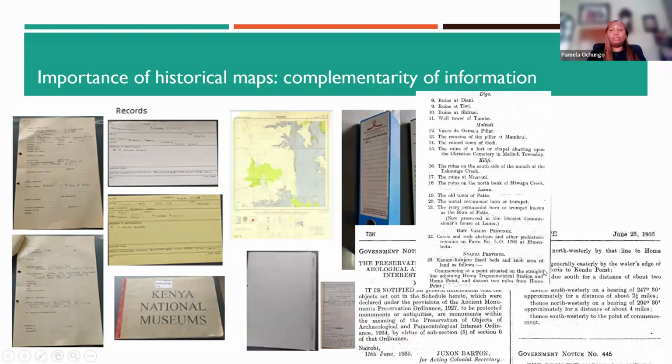And then at the bottom is the more interesting part, because now at the bottom you have the Nyanza province. And it talks of a place called Kanam Kanjera, fossil beds. And this is how they describe it. They talk of commencing at a point situated on the straight line adjoining Homa trigonometrical station and Homa Point, and distant 2 miles from Homa Point.